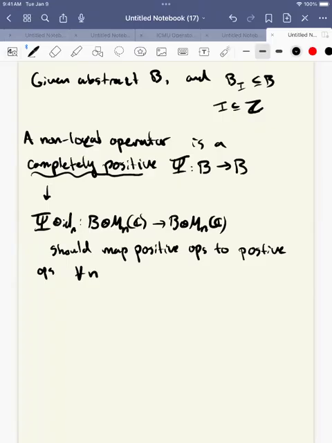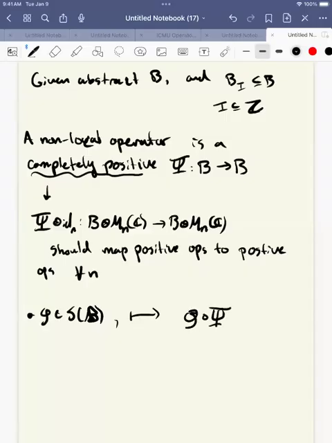And this is still an operator in the sense, like, what is an operator supposed to do? Well, if I have a linear operator on a Hilbert space, it maps a state to a state, right? You apply an operator to a state, I get a new state. Like operators should map states to states. And indeed, these can map states to states. If I take a state in the state space, I guess I'm working on the algebra B now, then I can send this to omega composed with phi.